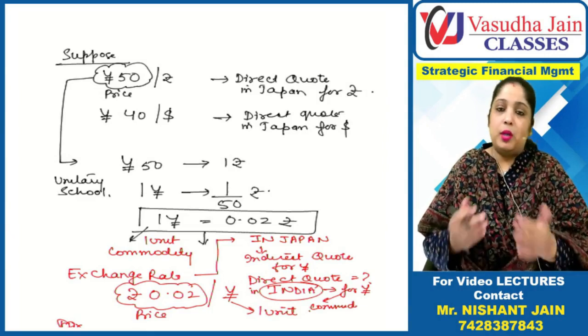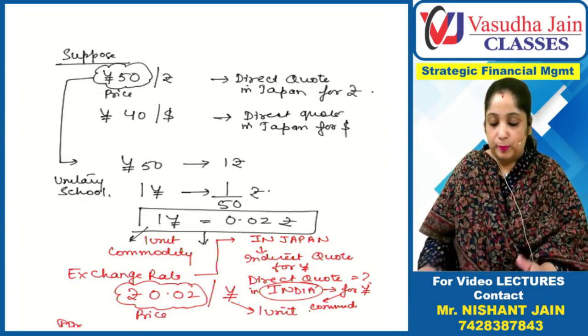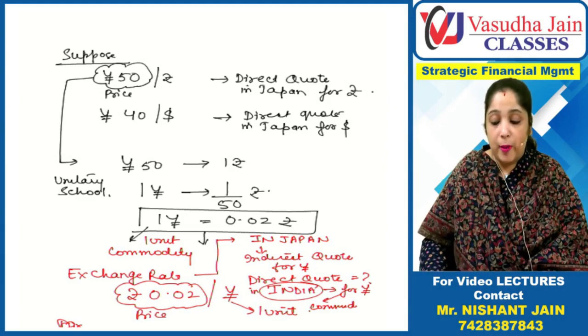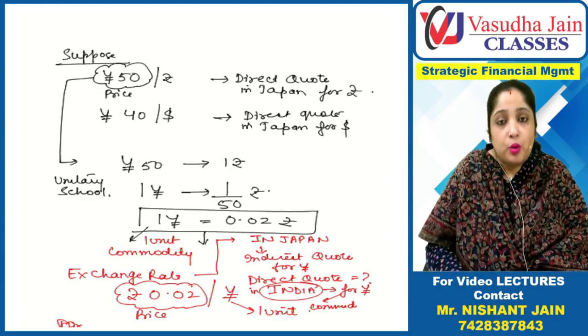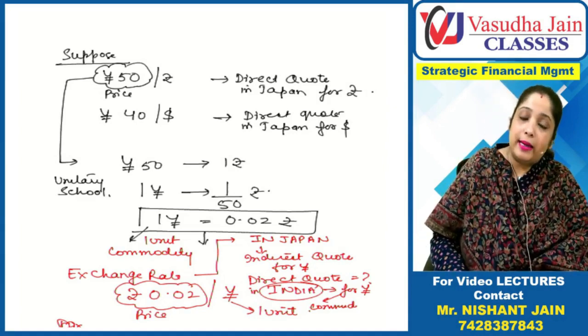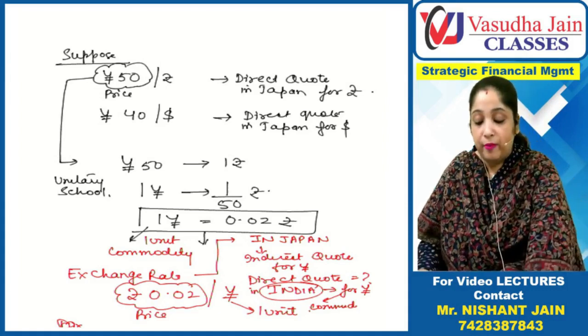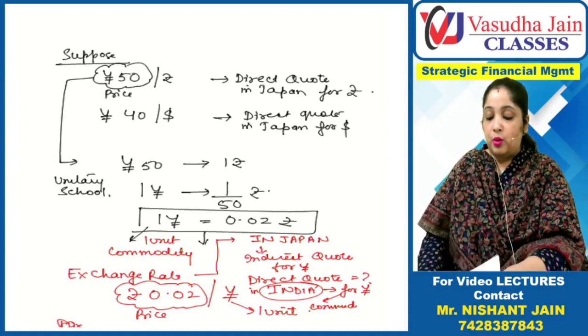And you know what is home currency and what is foreign currency also. So now I hope I have made myself clear. Let's do one question to understand what is a direct quote and what is an indirect quote. But before starting that, I want to make you clear one more thing.